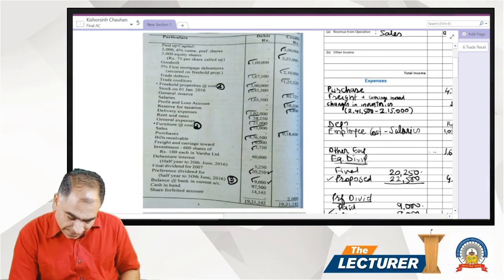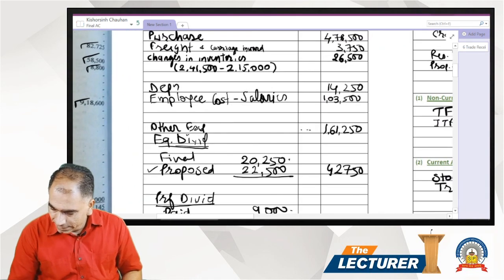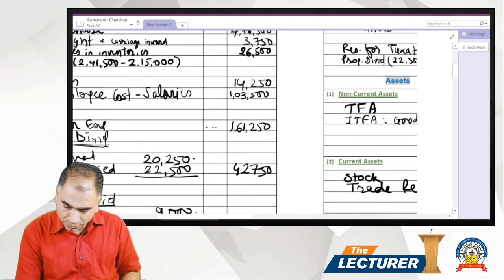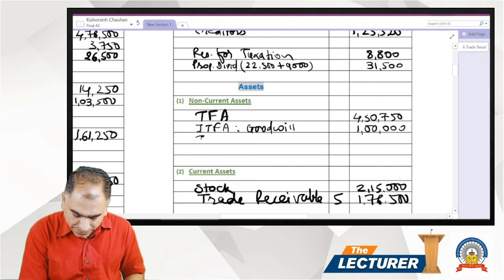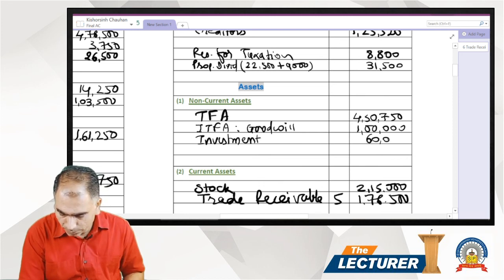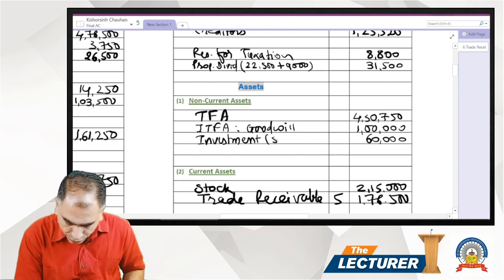Then investment 60,000. Investment is a part of the asset, will be shown in the long term asset. 60,000 non current assets, investment in the shares.